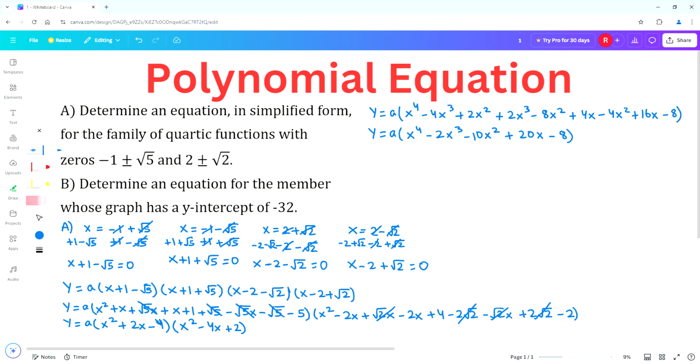So this is the simplified form for the family of quartic functions with the given zeros. This should be the final answer for part A.